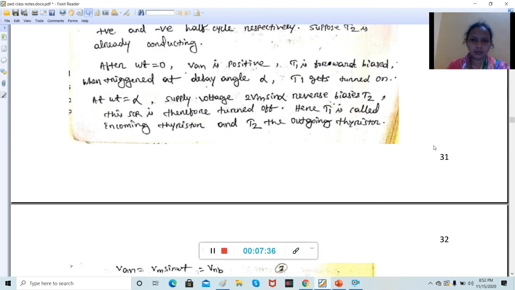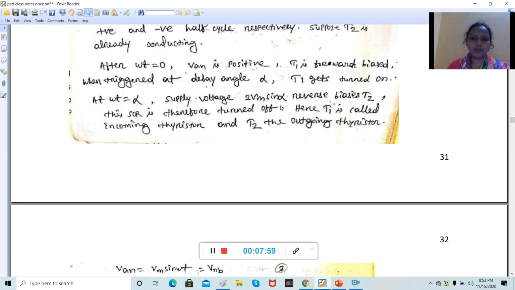After omega t equal to 0, VAN is positive and T1 is forward biased. When triggered at delay angle alpha, T1 gets turned on. At omega t equal to alpha, T1 is forward biased and triggered, so T1 is conducting.